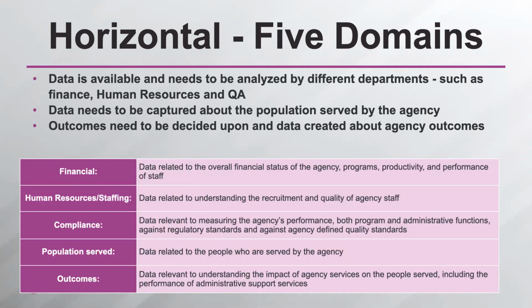So we need to understand the mission of our agency, some of the process measures that we get from finance and HR, but also what the outcomes are. How is this agency improving the lives of the people we serve? So that's the way that the data is going to be organized.